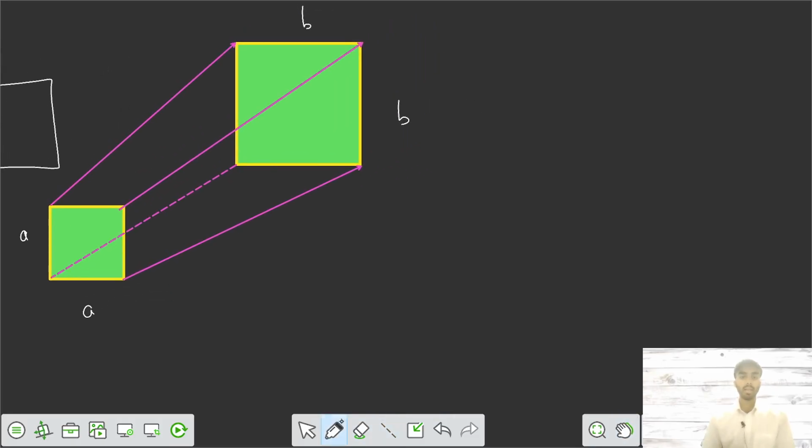In the length L, your cross-sectional area varies from A square to B square.